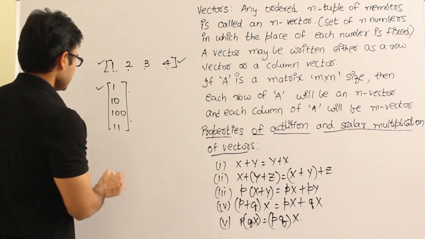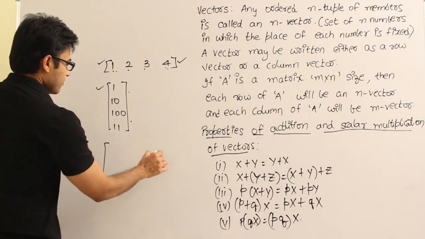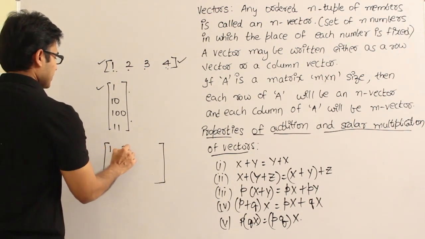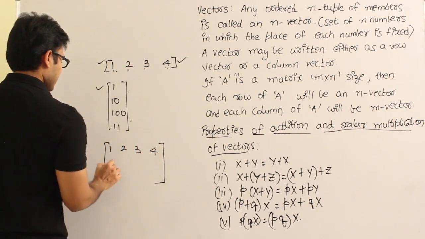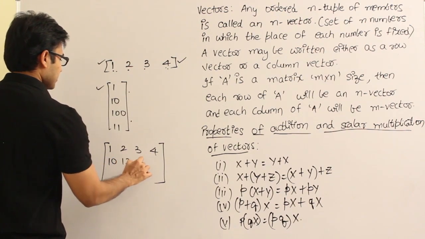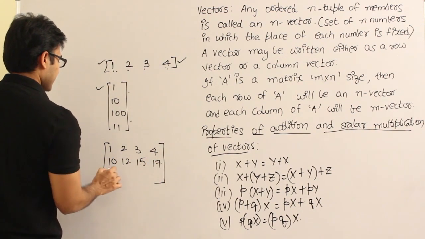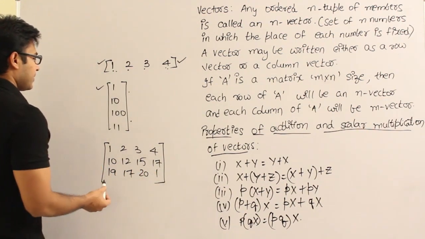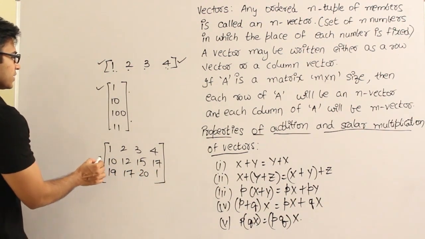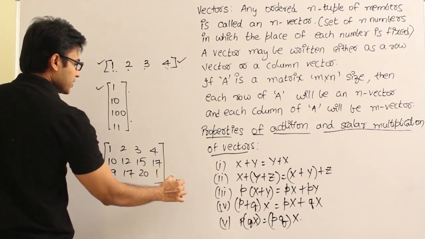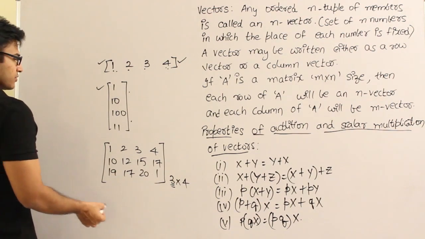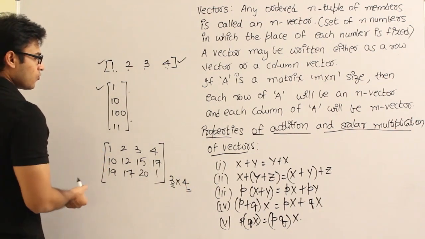So what I mean to say is, if we have a matrix like this, let's say it is some matrix. If you observe it, it is a 3 by 4 matrix, right? How many rows are there? 3 rows. What is the size of each row? 4.